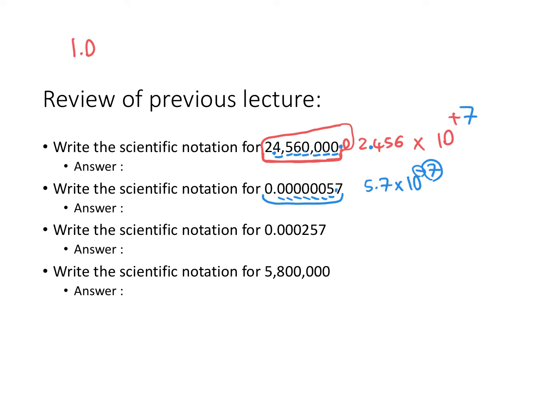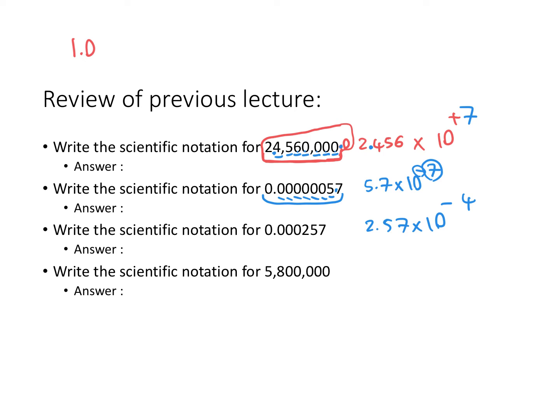So can you guys write the next one? Can anyone tell me what they wrote? 2.57 times 10 to the power of negative 4. Did everyone get this one?